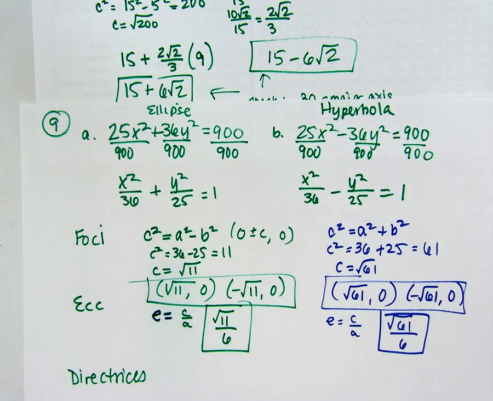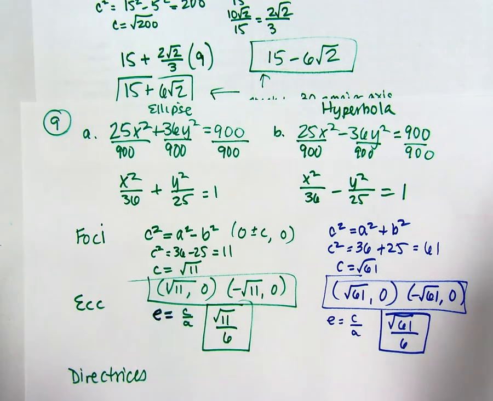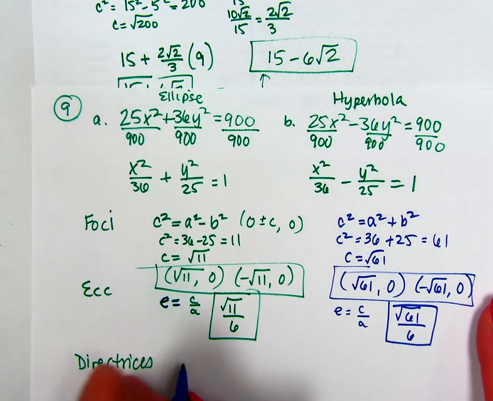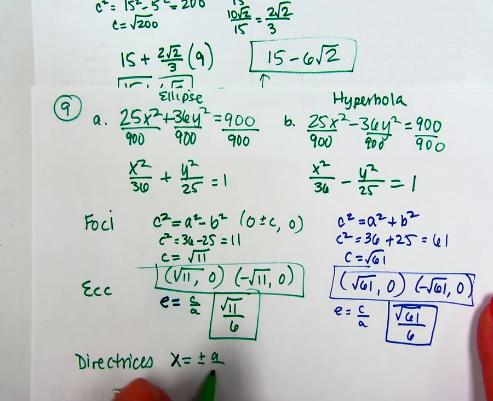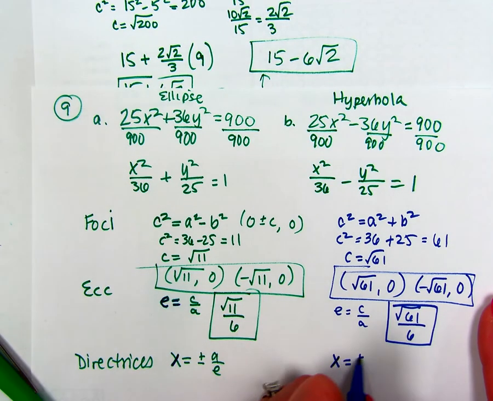Then our directrices are going to be vertical lines because we're going along the x-axis. We're moving, so we're going to have lines that go up and down. These equations are plus or minus a over e. Sorry, trying to switch colors is difficult here.